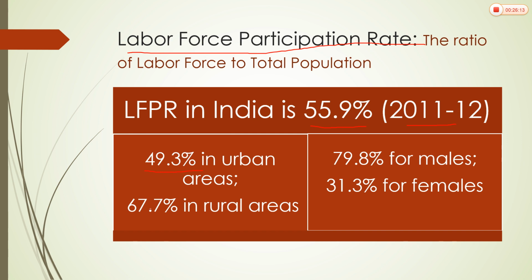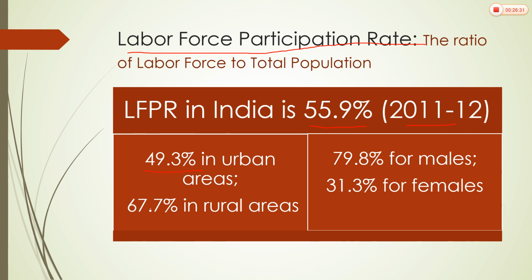The rest 50% are actually dependent on those 50% who are either working or looking for work. So the remaining 50% is neither working nor looking for work, does not want to work.